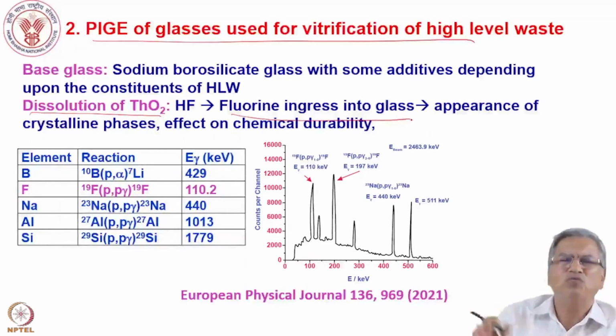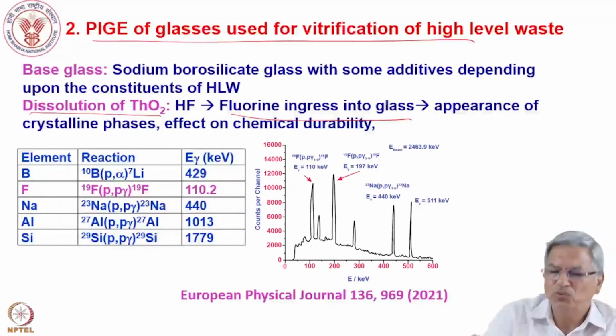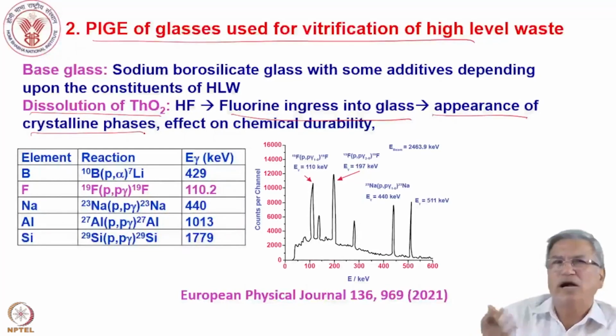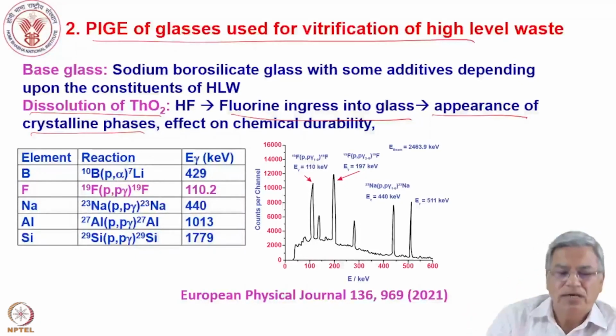You are supposed to remove fluorine, but suppose some fluorine is left, then this fluorine in the glass matrix may lead to appearance of crystalline phases, some fluorides, which may precipitate out, like rare earth fluoride. And so you want to know what is the tolerance of fluorine in your glass.